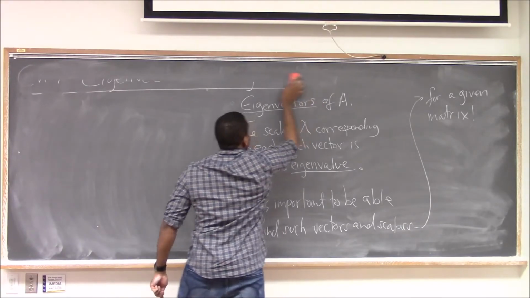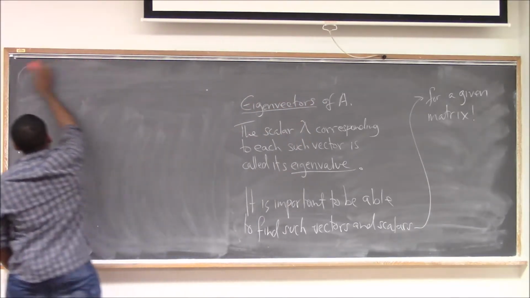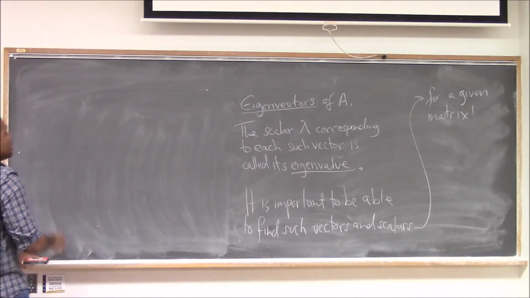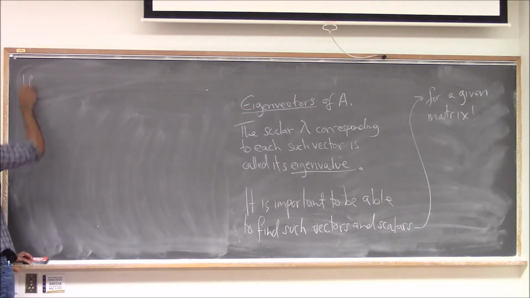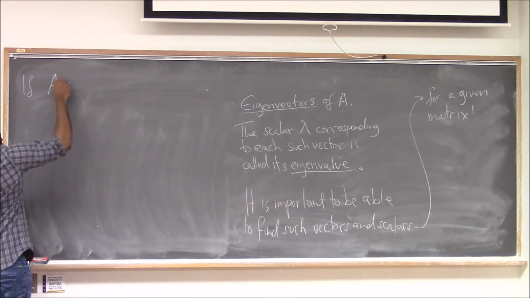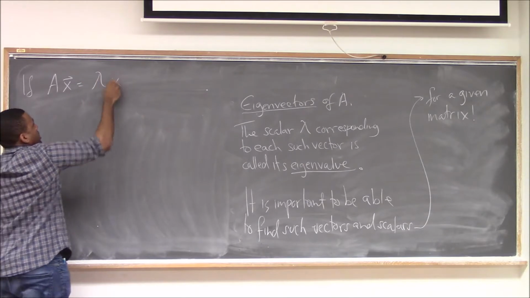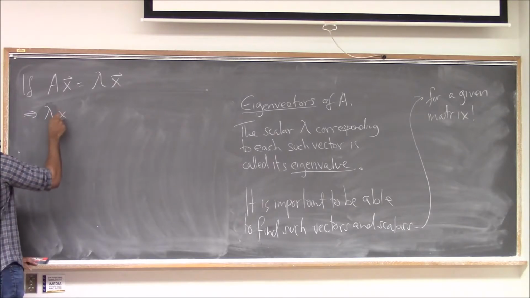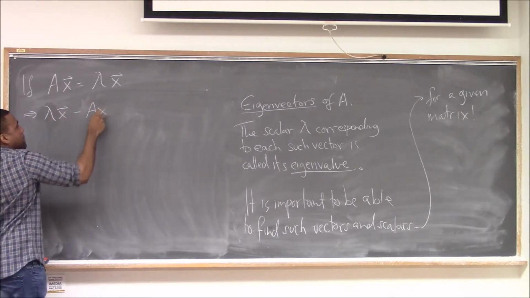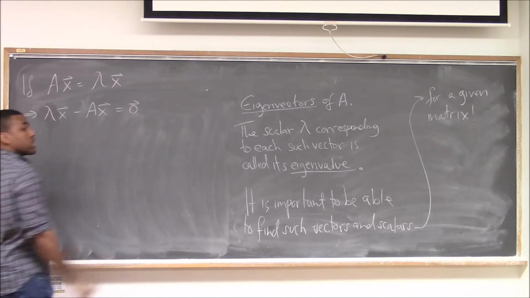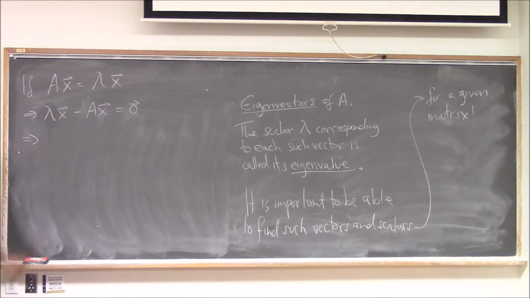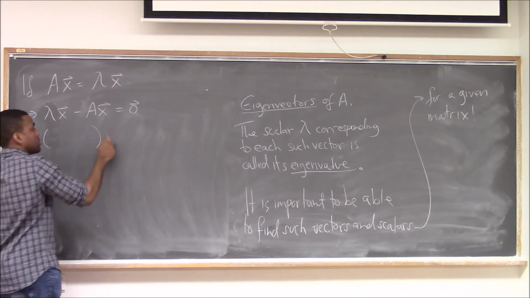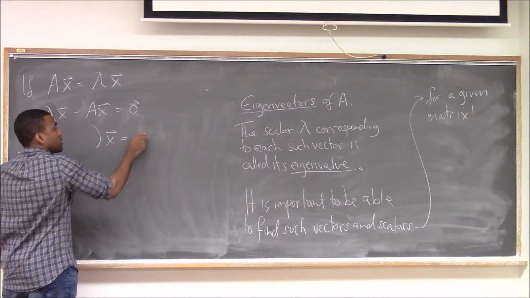So let me show you how we're going to find it. Note, if Ax equals lambda x, this means I can actually subtract Ax from both sides and get the 0 vector. I can then use a property of matrices to factor the x out.